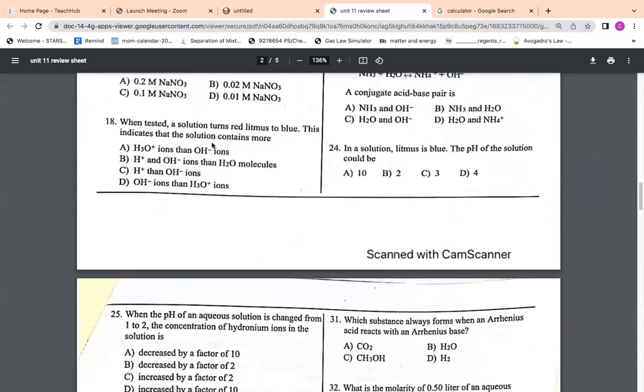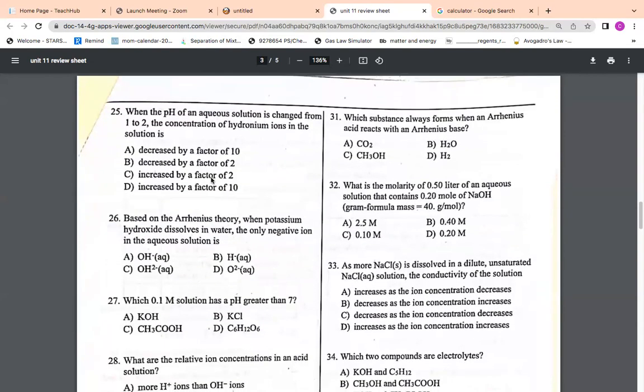Moving right along. Number 25, when the pH of an aqueous solution is changed from 1 to 2, the concentration of hydronium ions in the solution is what? Again, here are acid bases. So if we go from 1 to 2, it means we're getting closer to becoming a base. This means if we are becoming less acidic, we do not have as much hydronium as we did.